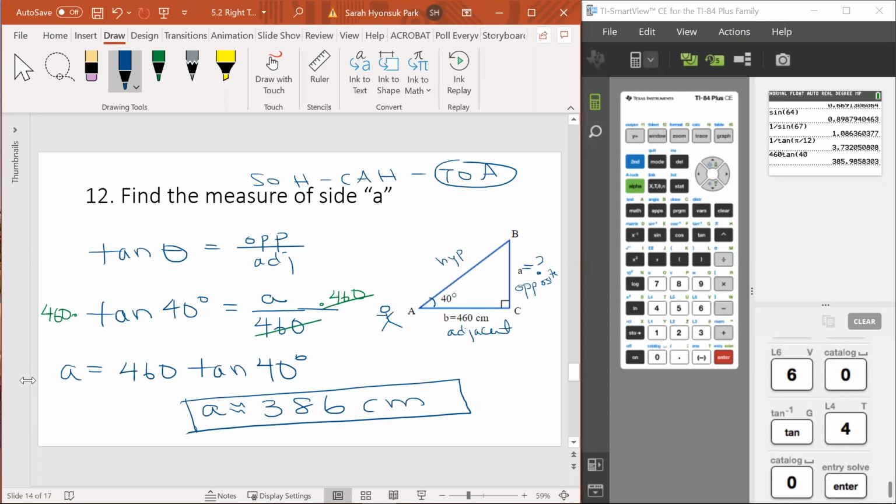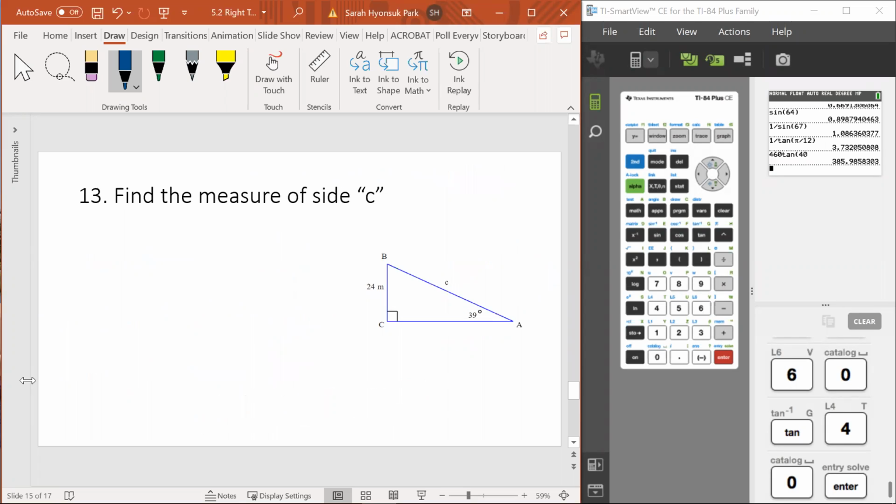Okay, let's look at another similar problem. Find the measure of side C. Okay, so the angle that's given is here. Here I'm given the opposite side, and we're dealing with the missing hypotenuse.